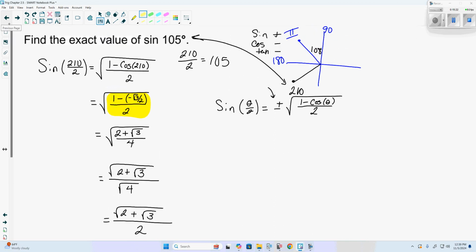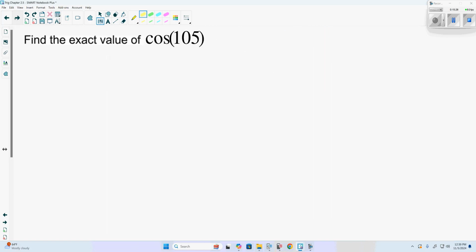Questions on this here? Well, now we're going to find the exact value of cosine of 105. Just like we saw, this is the exact same as what we just did, cosine of 210 degrees over 2.